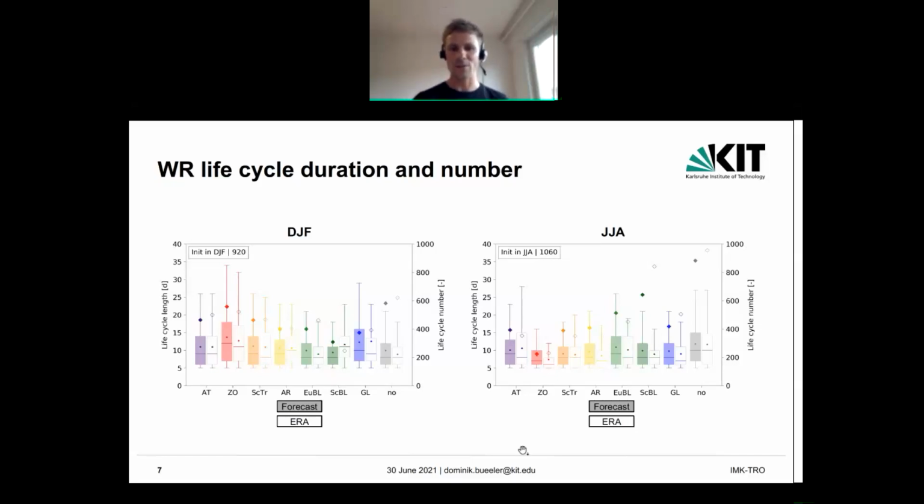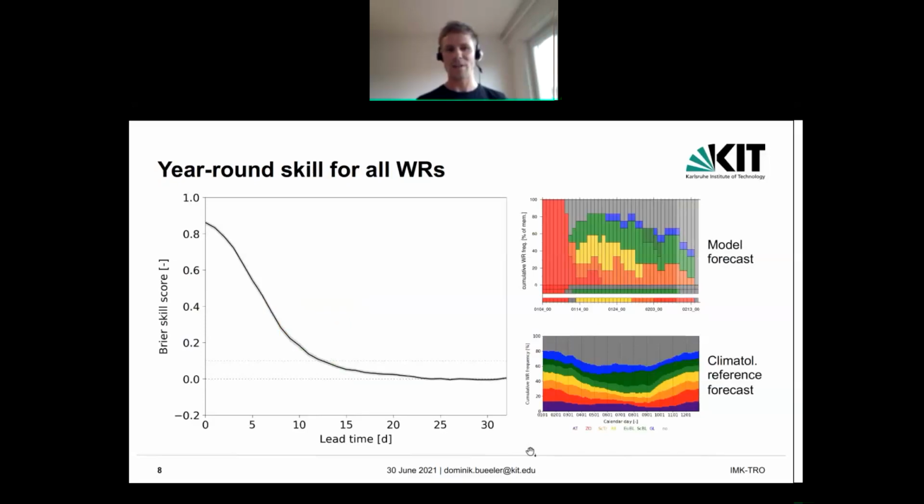And I would like to continue now with looking at actual forecast skill. So what I'm showing here as a first, just introductory slide, so to say, is the Fairbrother skill score for the year-round, for all year and for all regimes together. And what you see here on the right is just to illustrate what we do. So we verify the model forecast against the ERA-Interim occurrence frequency at a specific calendar day.